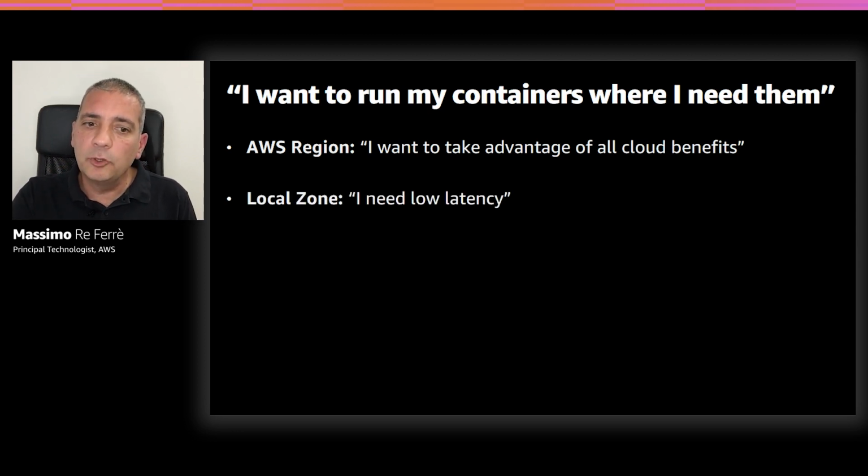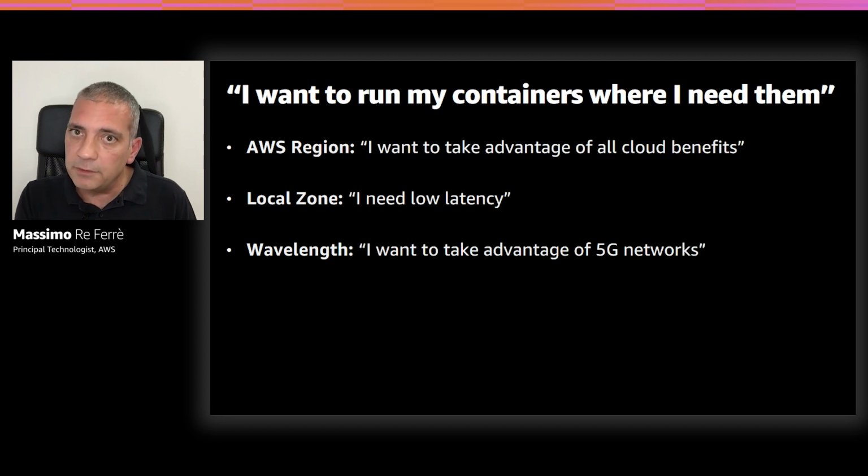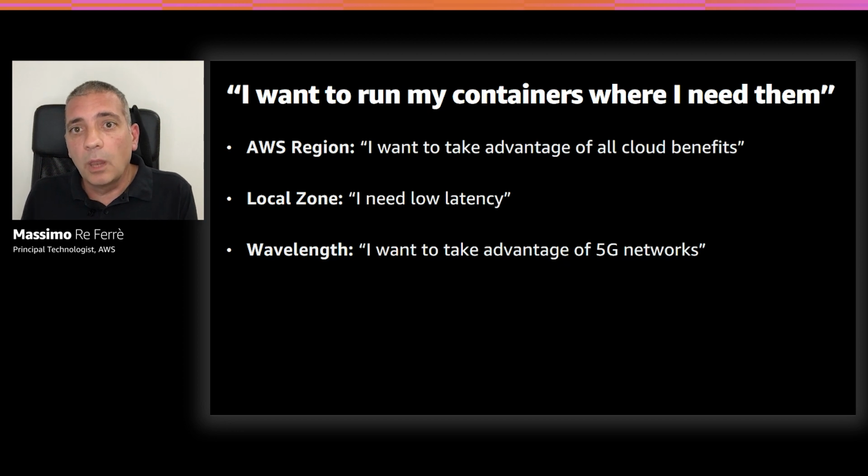I'm not going to spend too much time on Local Zones and Wavelength, but those are two services that we introduced this year that will allow you to deploy your containerized application, both EKS or ECS, in AWS managed properties that are, for example, closer to you, so you can appreciate lower latency of accessing those services, or they are deployed in conjunction with our network partners to take full advantage of the new 5G networks.